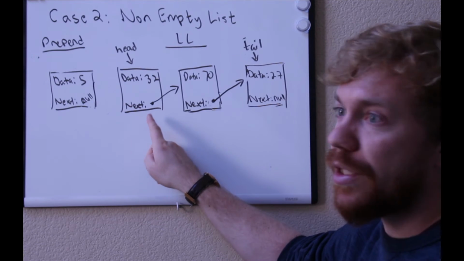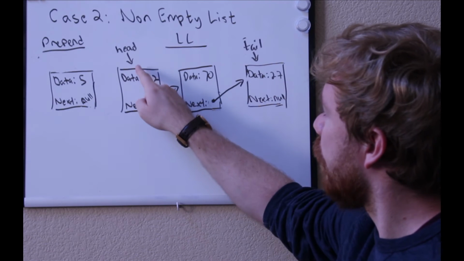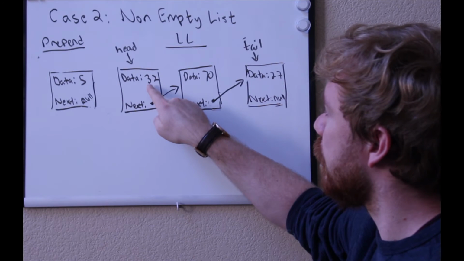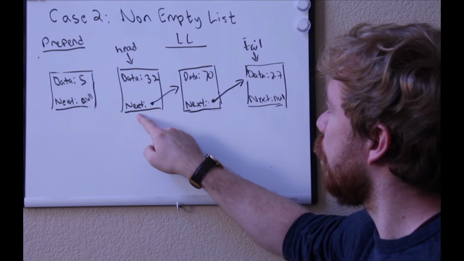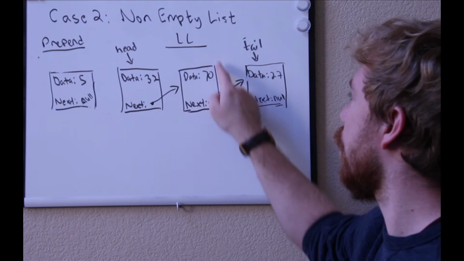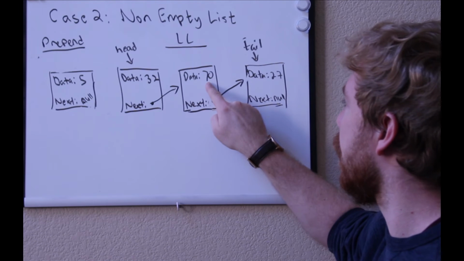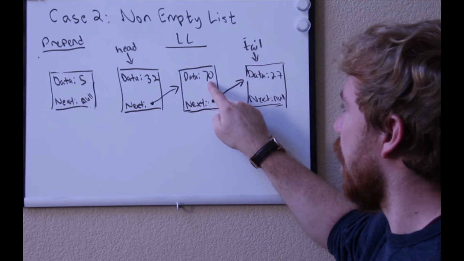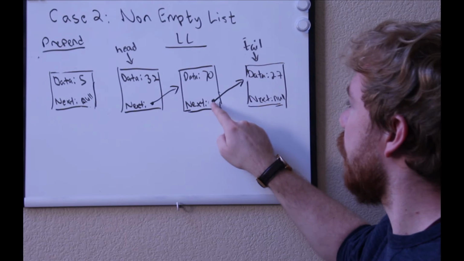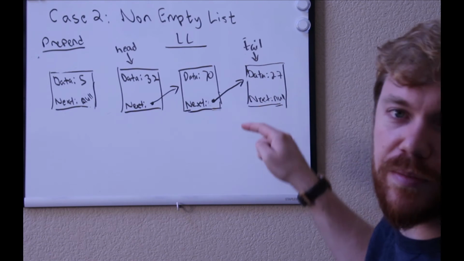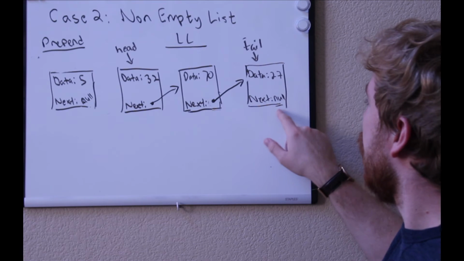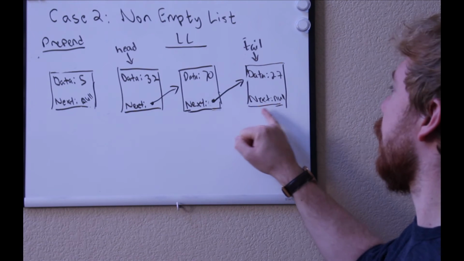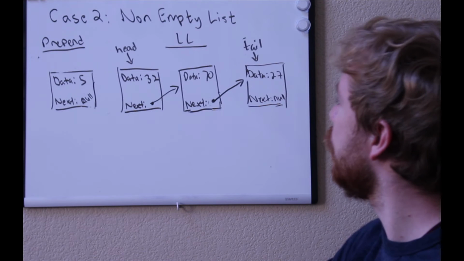And here's my current linked list. I have the head references this node here, whose data is 32. And this node's next variable references the next node, this guy, whose data is 70. And this guy's next variable references the next node, who happens to be the tail. And the tail's data is 27, and there's nothing beyond the tail, therefore the next variable for the tail is null.